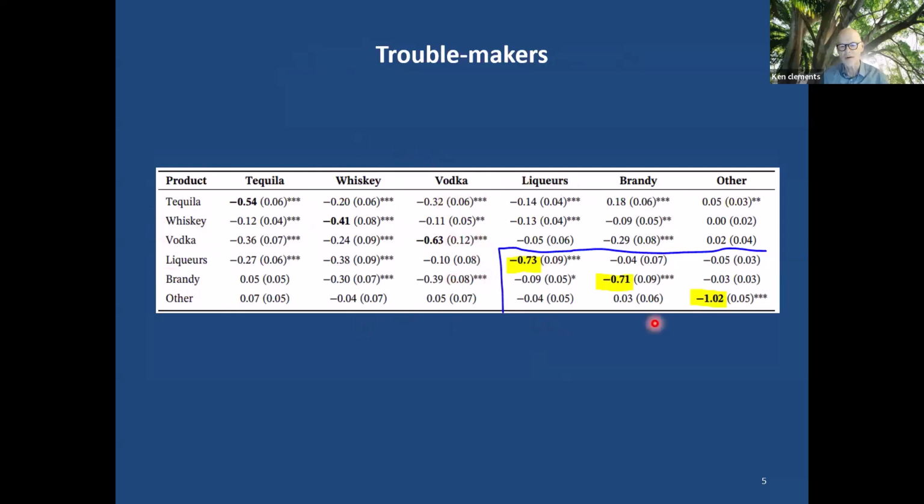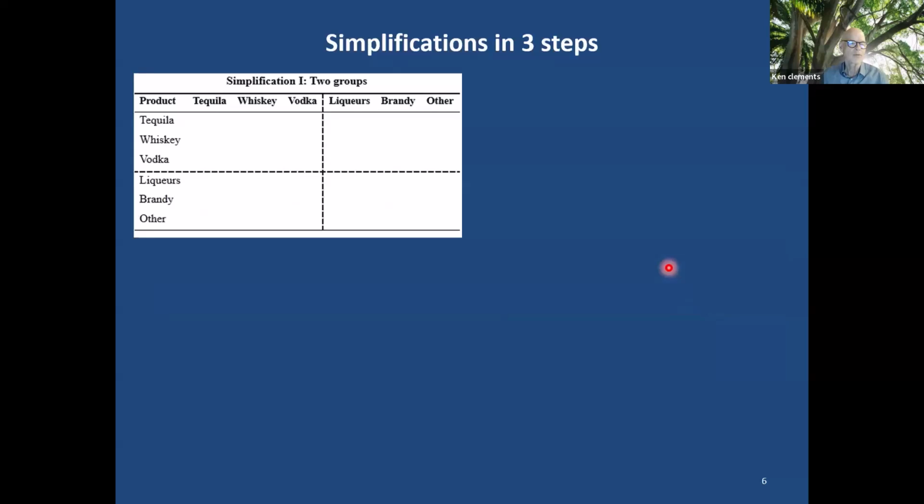For the second three beverages, this submatrix down here, it's the troublemaker, because the own price elasticities are nowhere near minus a half. So the second group of beverages are troublemakers. So let's simplify this matrix in 3 steps. First of all, divide the 6 into 2 groups.